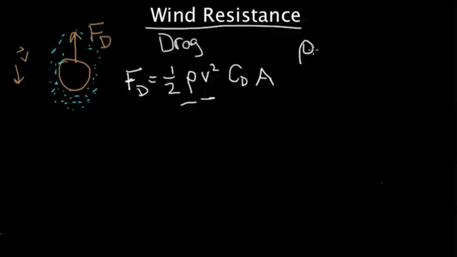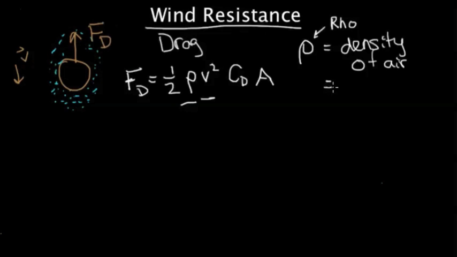So it looks like a P, but it's actually a rho, spelled R-H-O, and it's equal to the density of the air. So the density of air is actually 1.2 kilograms per meter cubed.